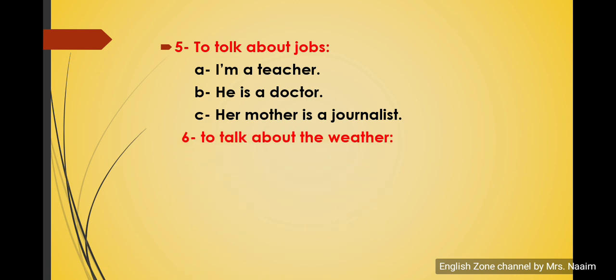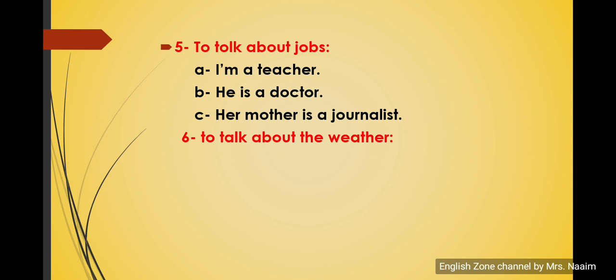So now this is the sixth use of the verb to be. والآن هذا سادس استعمال بالنسبة لفعل كينونة في اللغة الإنجليزية. So we use the verb to be to talk about the weather. We use the verb to be to talk about the weather. نستعمل فعل كينونة للتحدث عن الجو.